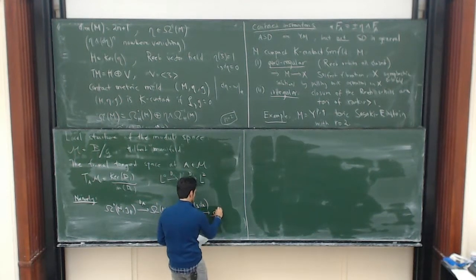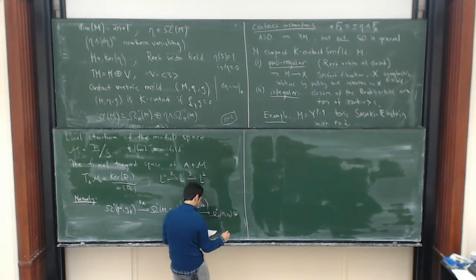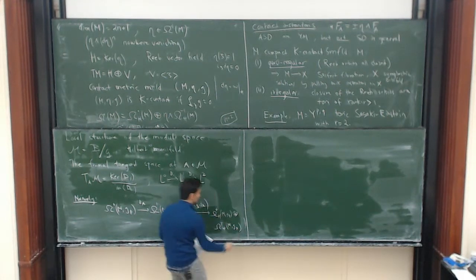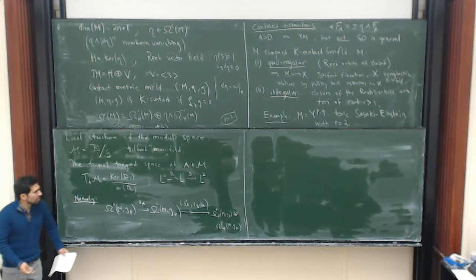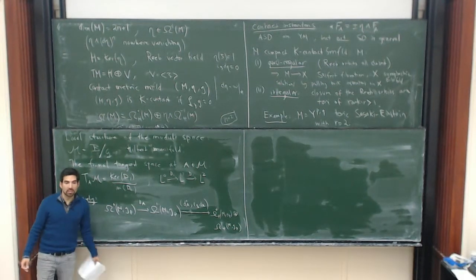So this gives you H plus, like some... okay. So this is how you start to play the game in the 4-dimensional case. You look at this complex. This is not elliptic.